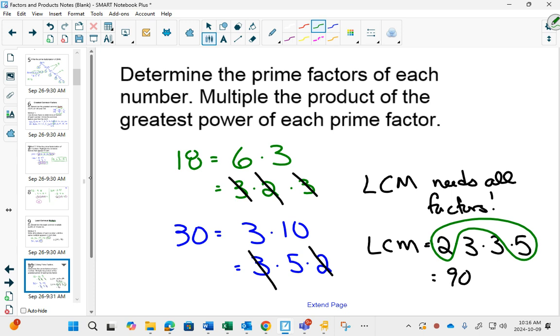And what's left? 9. What's 10 times 9? 90. Is that a lot easier than 18 times 5? Yeah. I love it if you knew 18 times 5. That's great. And you should develop strategies. But if you can do it quicker, perfect.